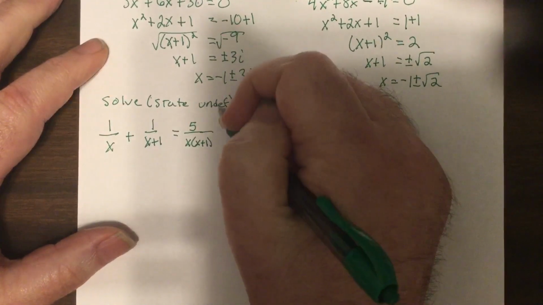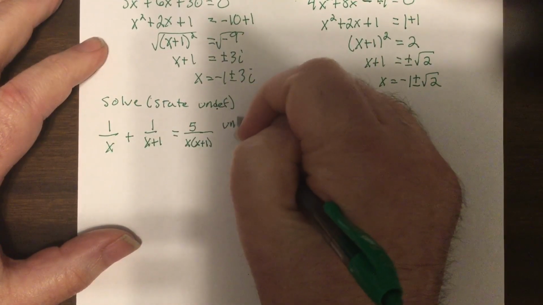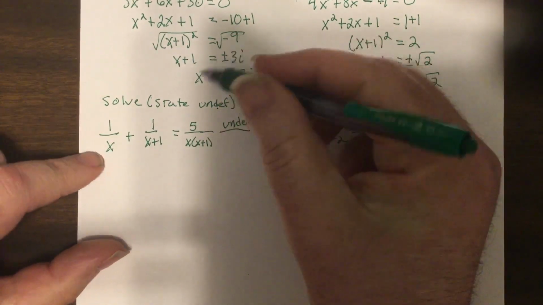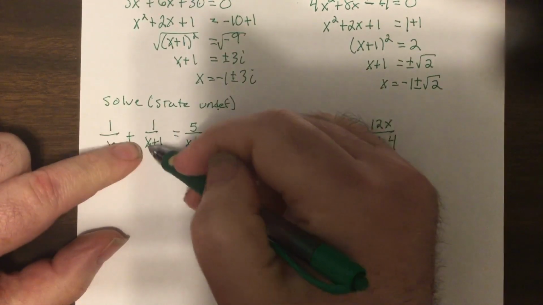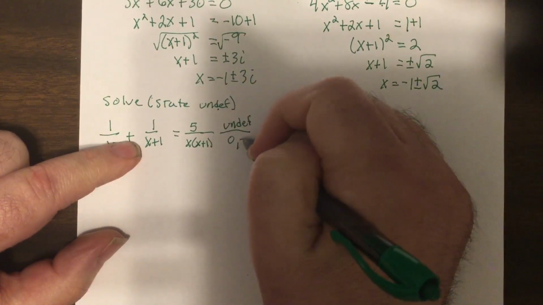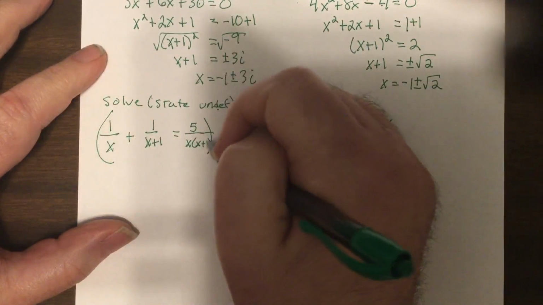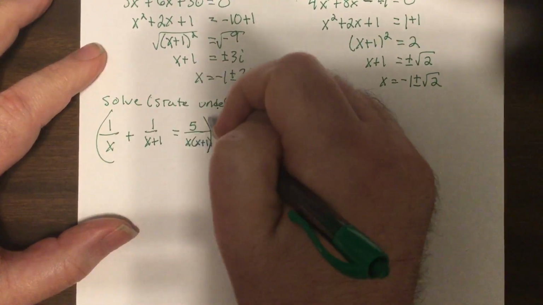Okay, so the undefined is what causes the denominator to be 0, if you remember. So 0 would cause this to be 0, and negative 1 plus 1 is 0. So I cannot use those 2 numbers. Now I'm going to multiply both sides by the LCD, which is easy, x plus 1. They're all unique.